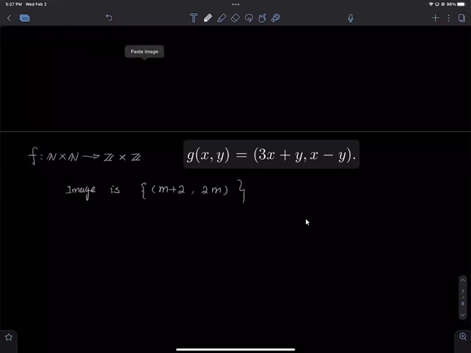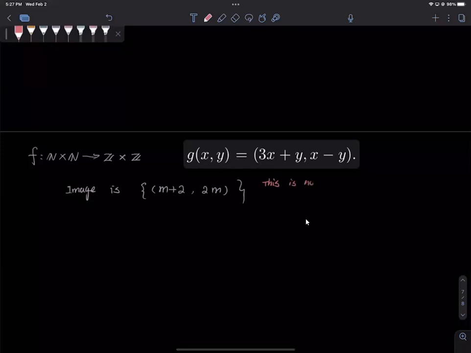It's not actually the function. I should write it here. This is not really the image of the function. Just to show you how to do it. This is not the image of G. Okay, it's not. However, I can use it to show you how you would deal with this.